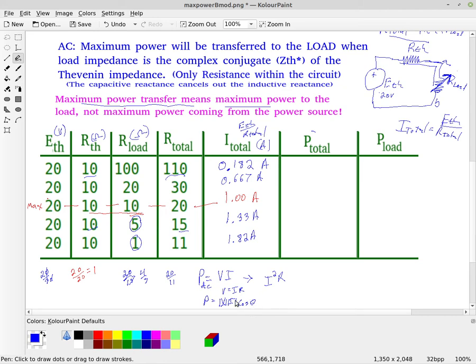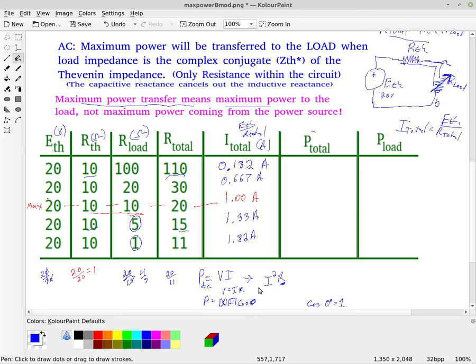However, inside of a resistor, the voltage and the current are exactly in phase. And so the angle between the two is 0, and the cosine of 0 is simply 1.